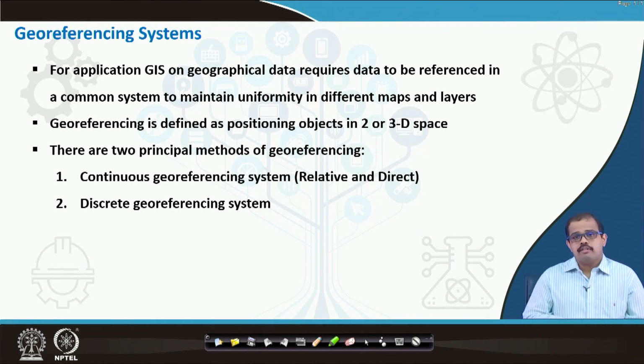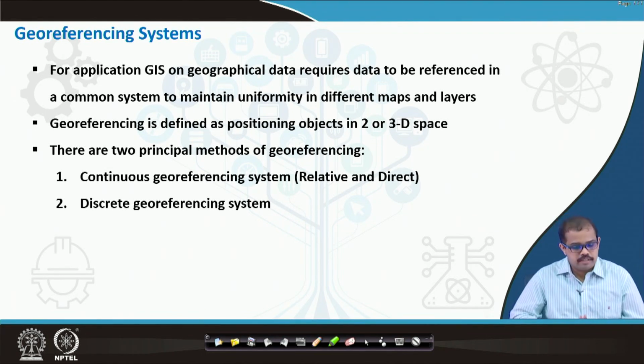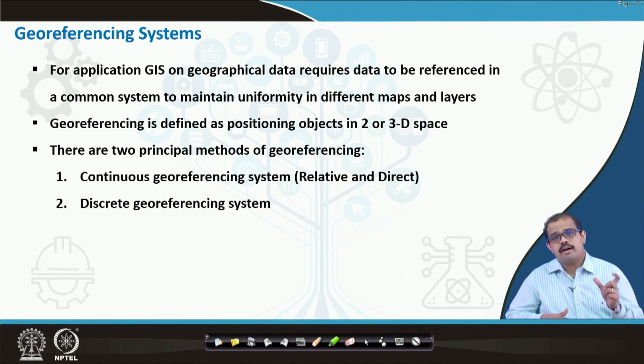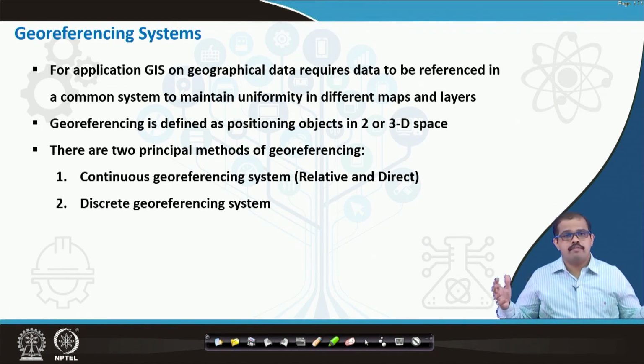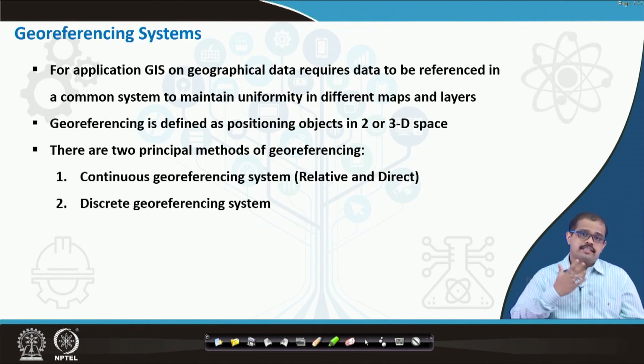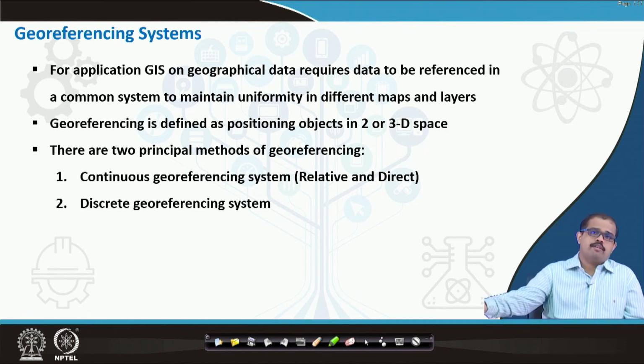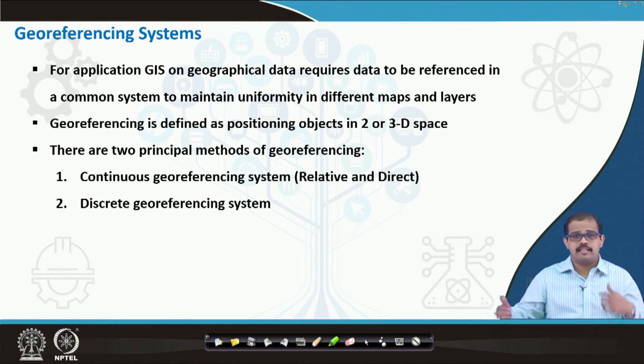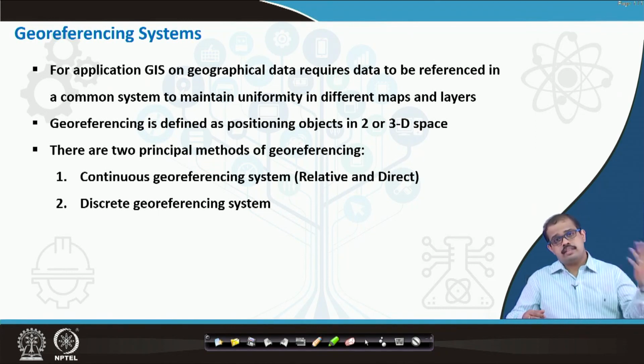So next we look at georeferencing systems. Whenever you look at any geographical data, it requires a referencing system for a common system of maintenance or uniformity. For example, let us say I develop a georeferenced map, and someone else develops a georeferenced map, and a third person is again developing a georeferenced map.